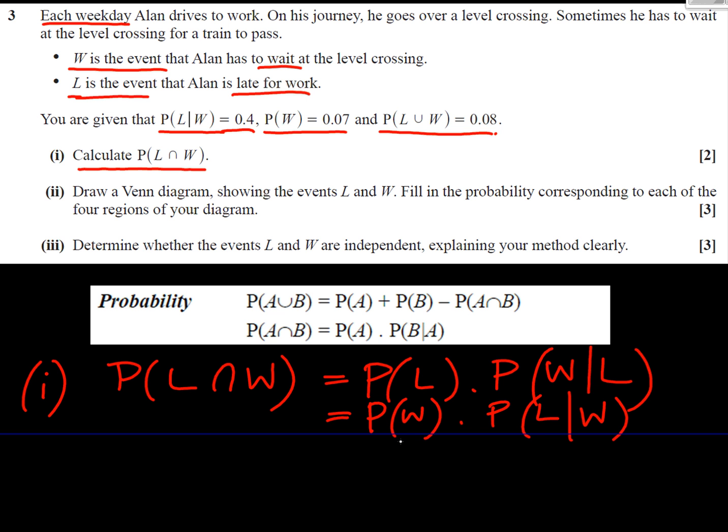Why are we going to use that one? Because they've given us the probability of W and the probability of L given W. So that's the probability that L will happen given that W has happened.